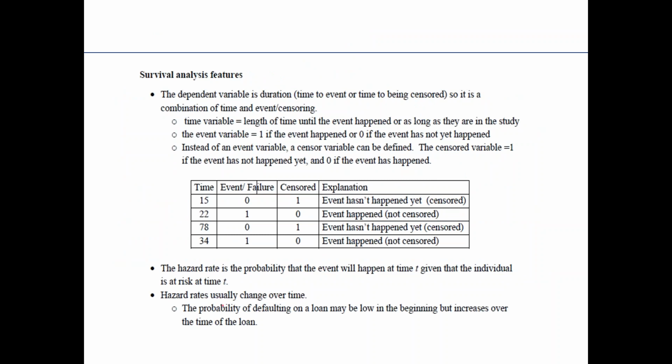Now this is a typical example of how your dataset looks. Again, the dependent variable is duration. This is your output variable, the dependent variable that we need to predict. Next is event. Event is what you call the study that you're doing.